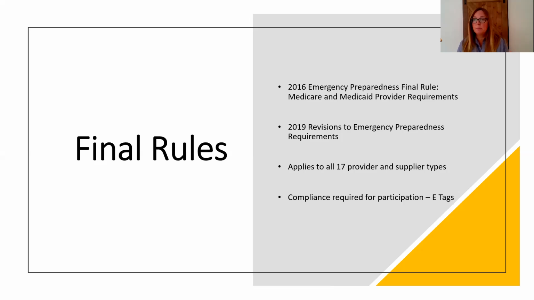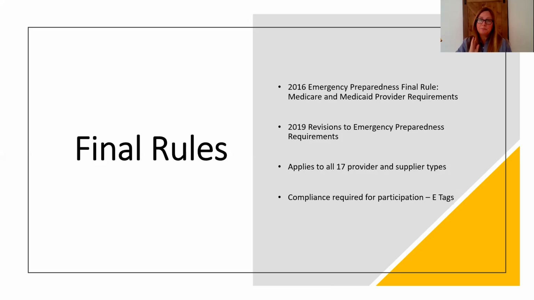Those were pretty small when it came to long-term care. It was just some changes to drills and how those are carried out. And then obviously there's always still the annual requirement. What differed really was for the other 16 provider and supplier types. So long-term care was one of the 17.